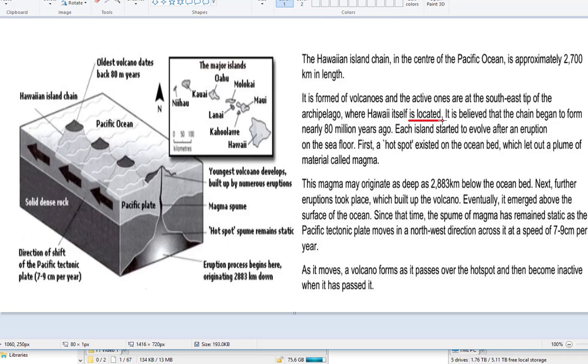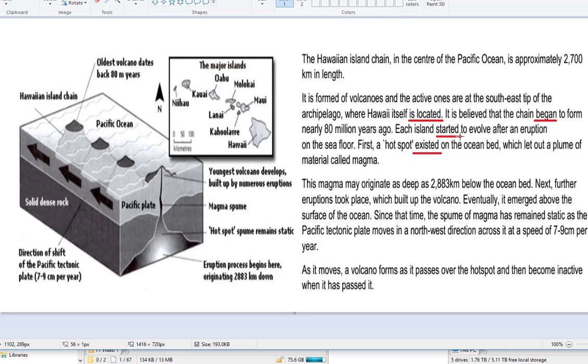Okay, is located. Began to form. Okay, so we have past tense because we're talking about a specific time in the past here. I just have a problem with the tenses used here.